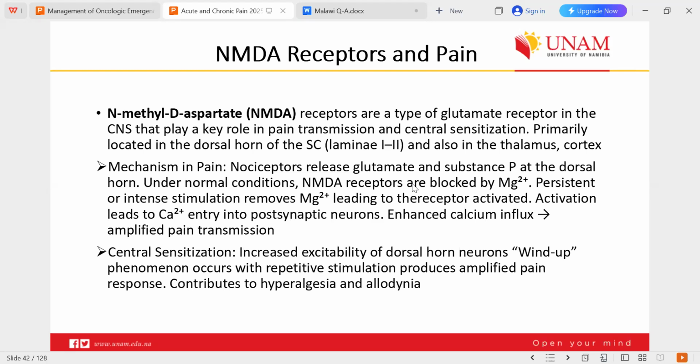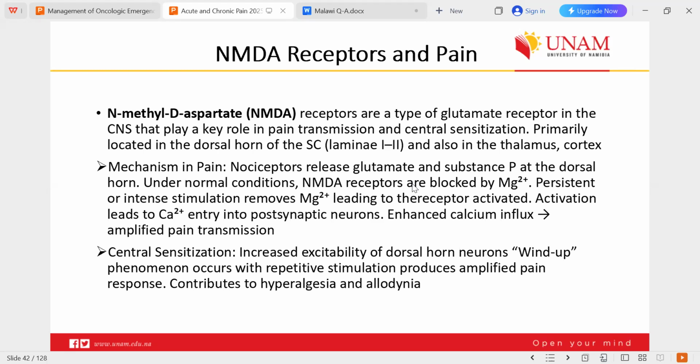We mentioned them before. The NMDA receptors are a type of glutamate receptor in the CNS. They are primarily located in the dorsal horn of the spinal cord and also in the thalamus.